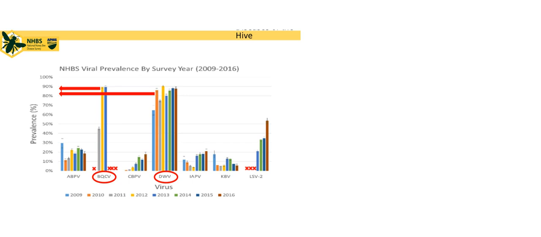Here we can see two viruses that I circled in red: deformed wing virus on the right and black queen cell virus. From 2009 to 2016, they found black queen cell virus at its peak in almost 90% of the colonies tested. Deformed wing virus had an average of about 80% of the colonies.